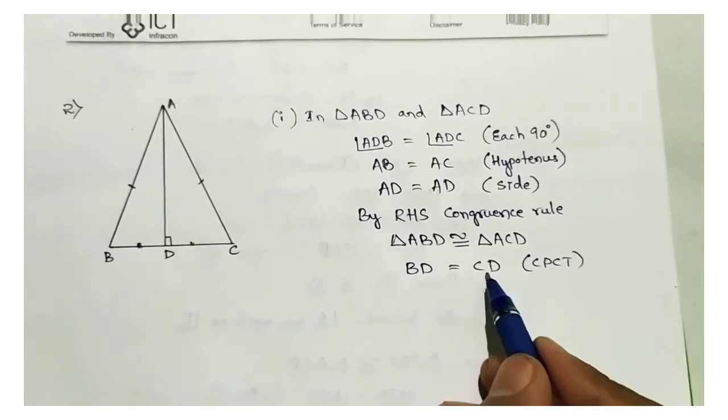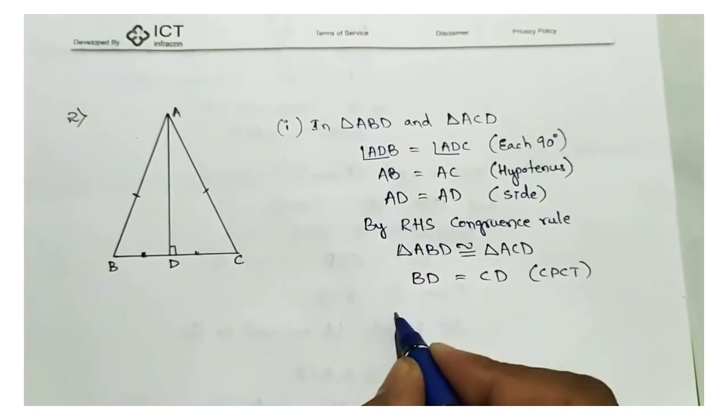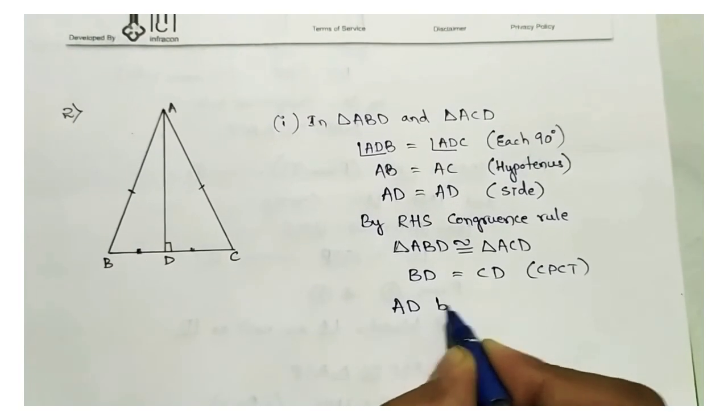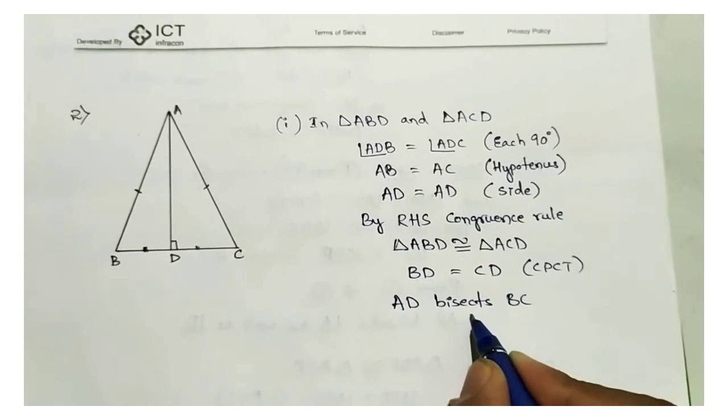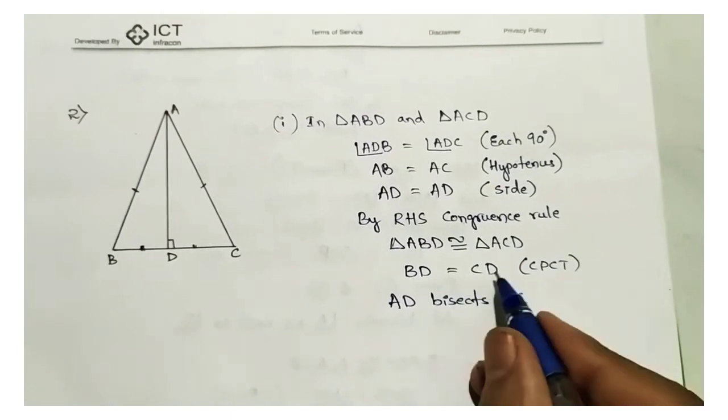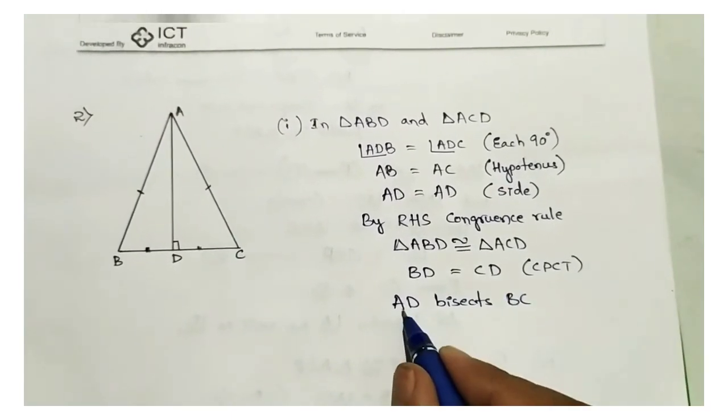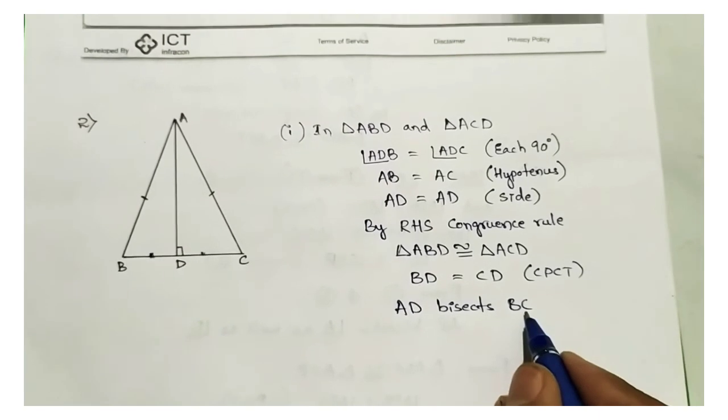When BD equals CD, then easily you can say AD bisects BC, because we get two equal parts.